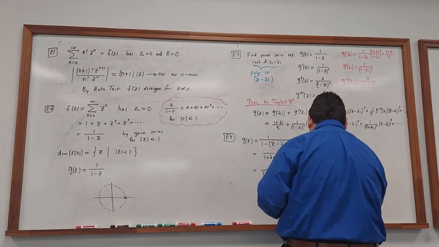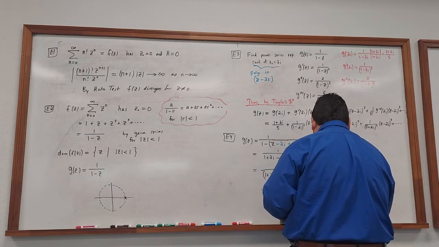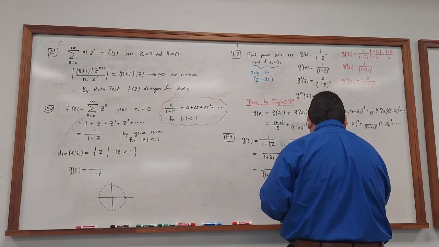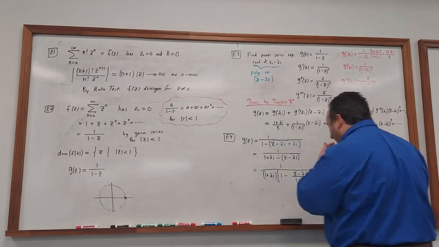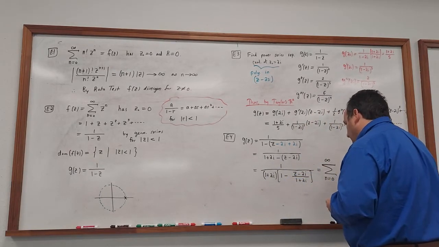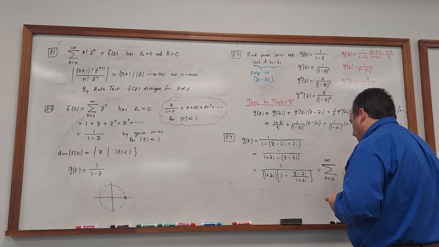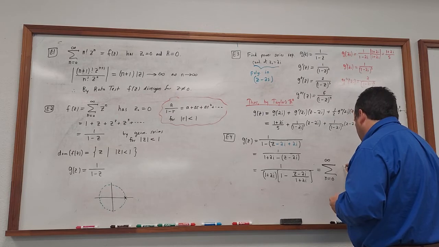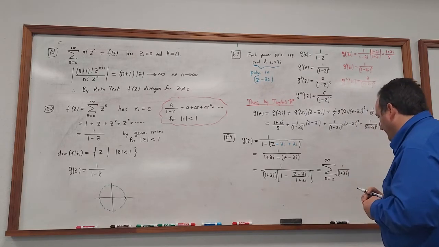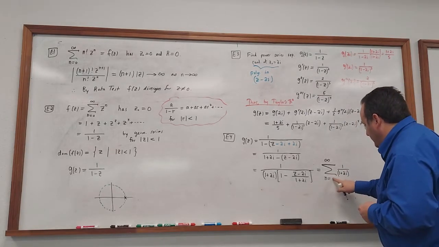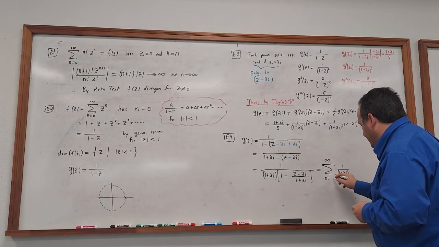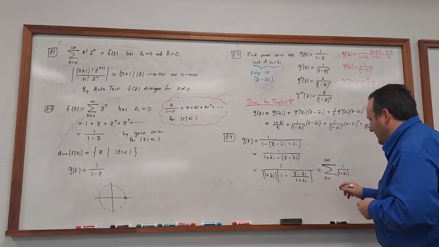I've got the sum n equals 0 to infinity of a, which is 1 over 1 plus 2i, right? And I guess I can write the geometric series a few different ways. I'm going to write this. You want me to start at 0 or 1? I mean, it's up to you guys.